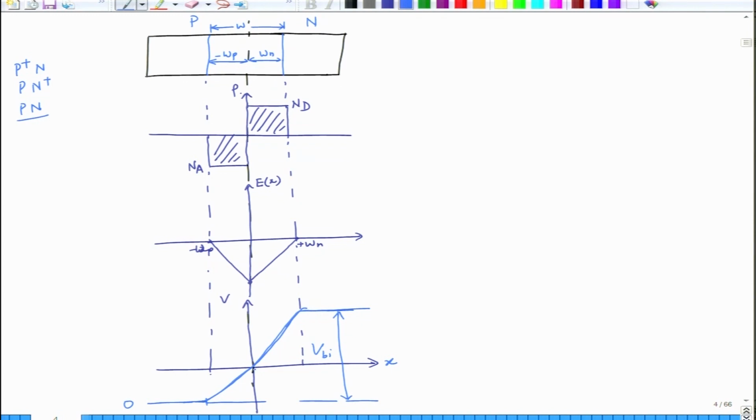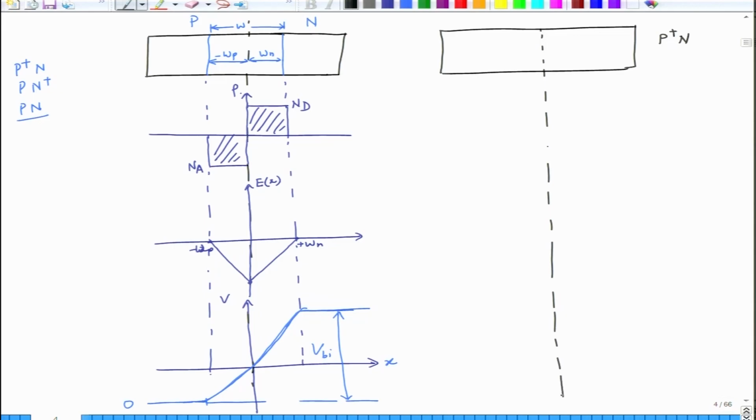Now let us compare with another semiconductor junction, let us say P plus N. This is the interface. What will happen in this case is your depletion region will shrink on this side and remain wide on this side. This will be minus Wp, this would be plus Wn.